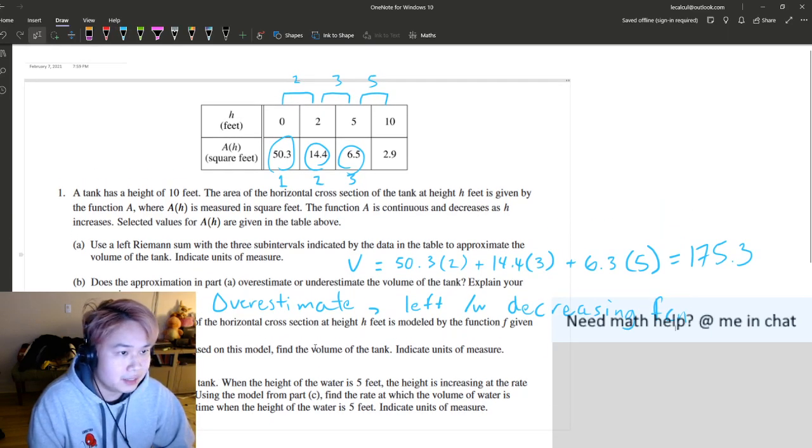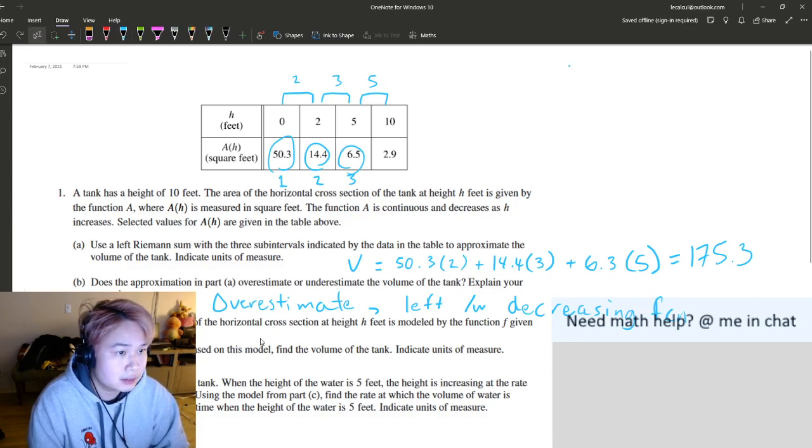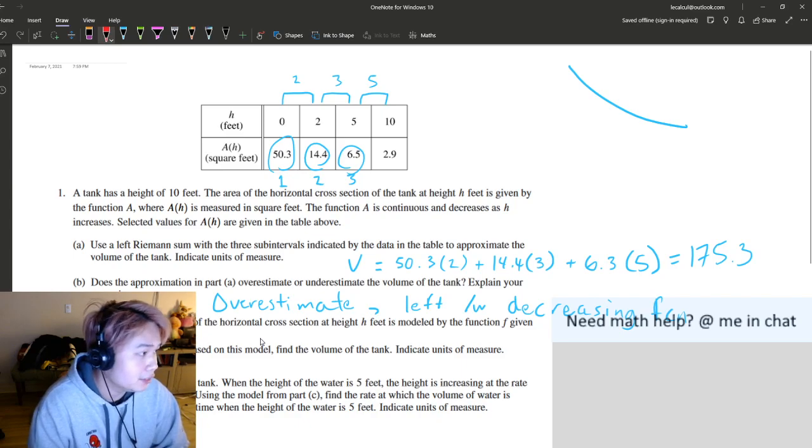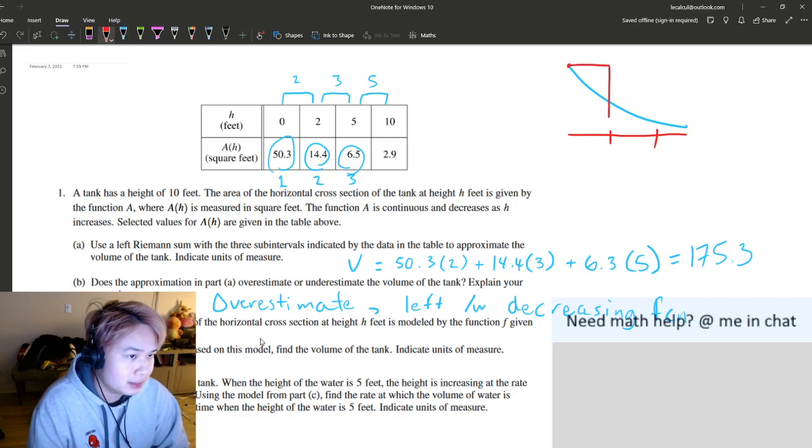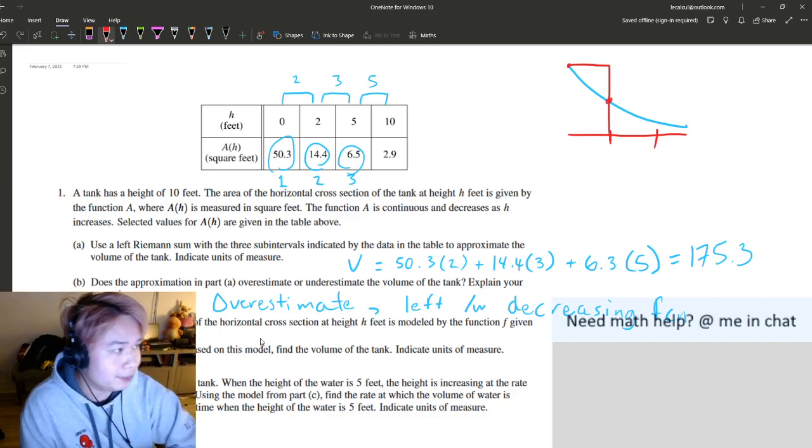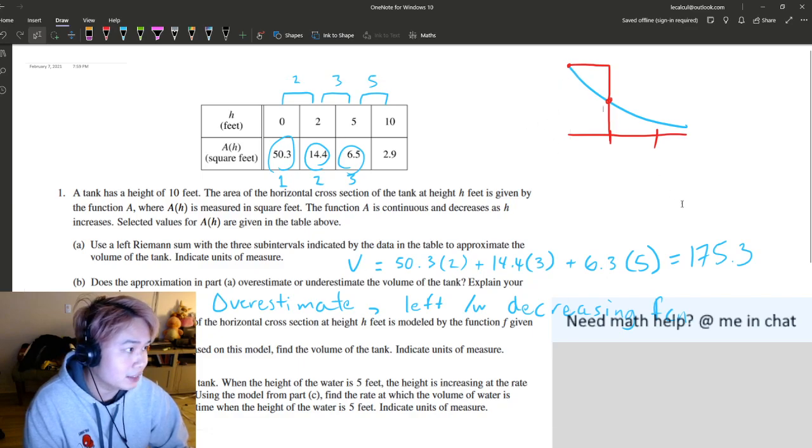Visually, if your function is decreasing and you split it up into however many intervals you want, let's say 3 like in this example, you're using the left boundary of the interval to decide how tall your rectangle is going to be.